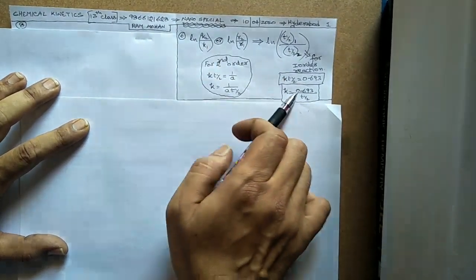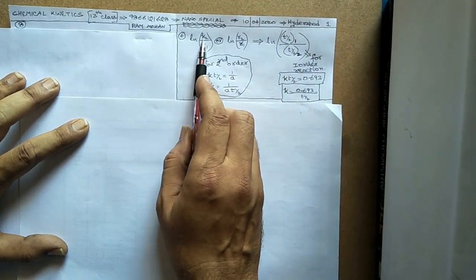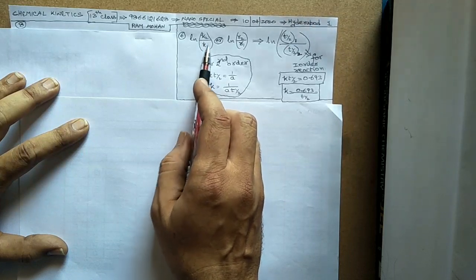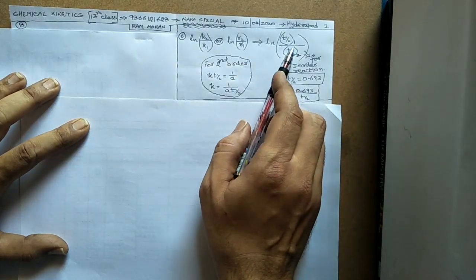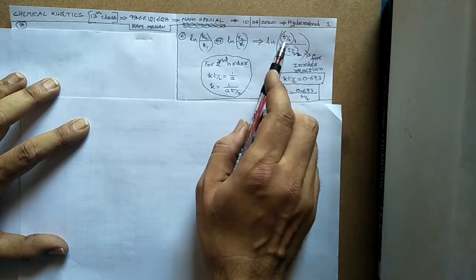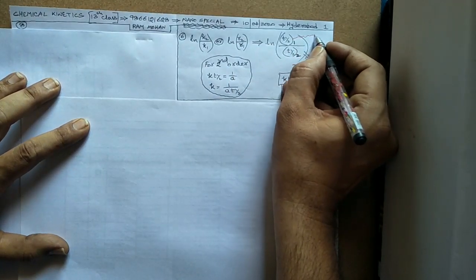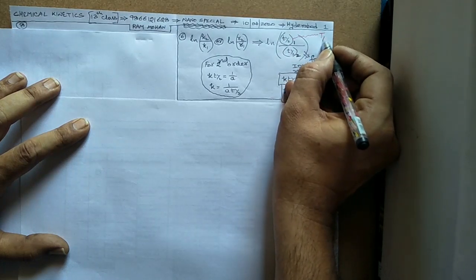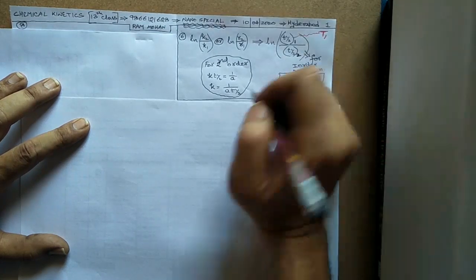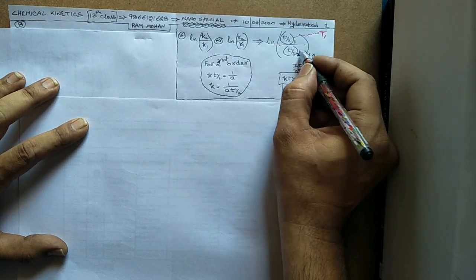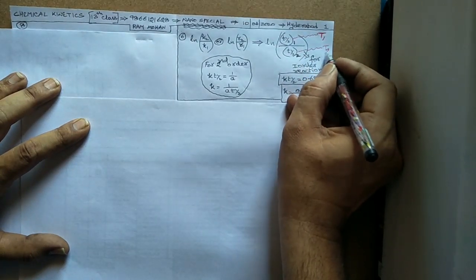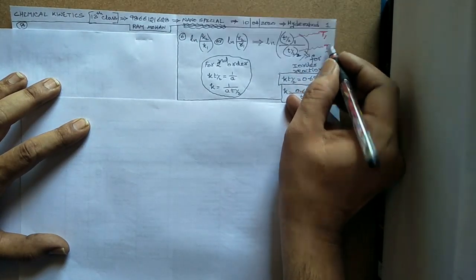So when I substitute 0.693 by that discussion, then what will I get? I'll be getting T half 1 by T half 2. T half 1 is at a temperature T1. T half 2 is at a temperature T2.